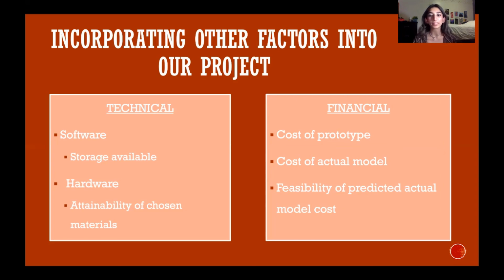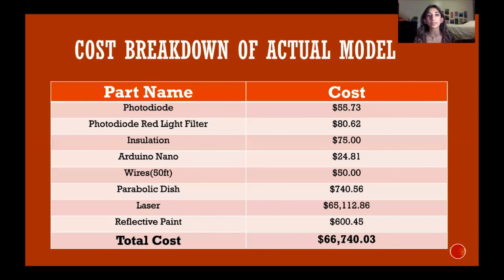And financially, we wanted to make sure that the cost of our prototype was within the given budget of $90, as well as making sure that the cost of the actual model was feasible, which unfortunately, as you can see by the cost breakdown of the actual model, was not possible since, due to time constraints, we weren't able to find a laser that was reasonably priced and also met the requirements of our visible light communication system.